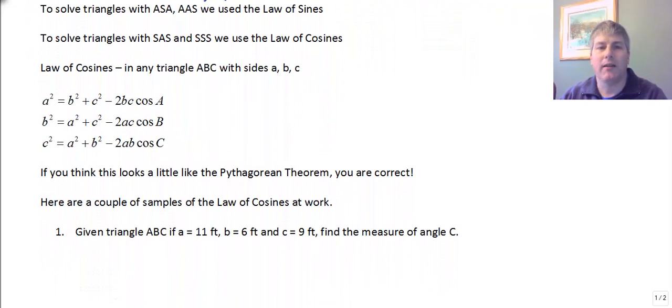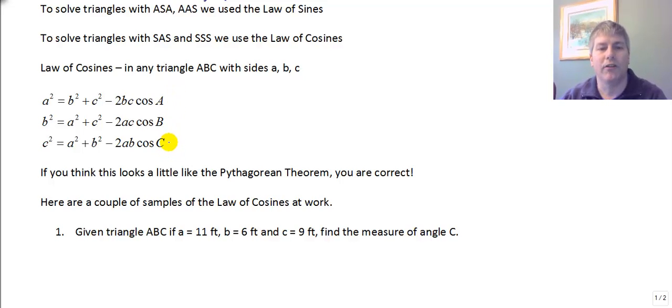So I'm going to present the law of cosines. I'm not going to prove it for you. The law of cosines in any triangle ABC with sides A, B, and C is side A squared will be equal to side B squared plus side C squared minus 2BC cosine of A. Law of cosines with respect to angle B, and we have the law of cosines with respect to angle C. So we really have three versions of the same thing.